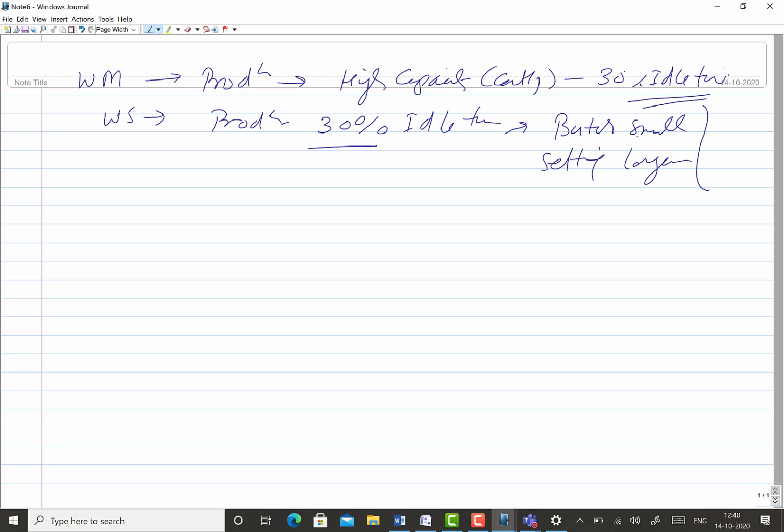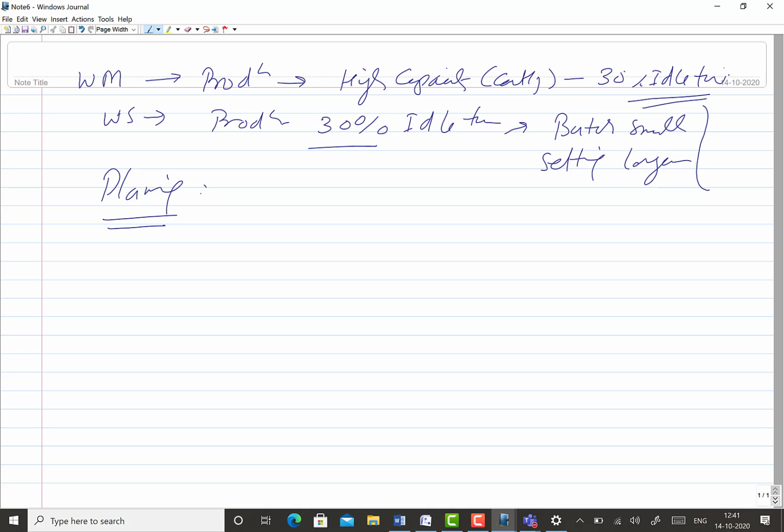So because of the small batch size and longer setting time, the machine is idle for this much of the time. This is the kind of demand we are getting from the planning department. Whatever plan is there for production purposes is given to the production department, and the production department is producing accordingly.